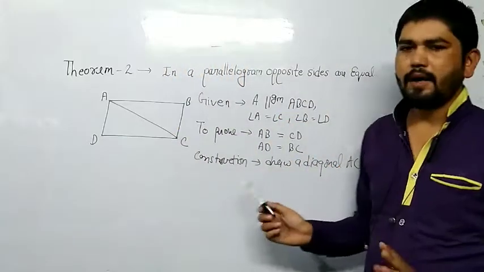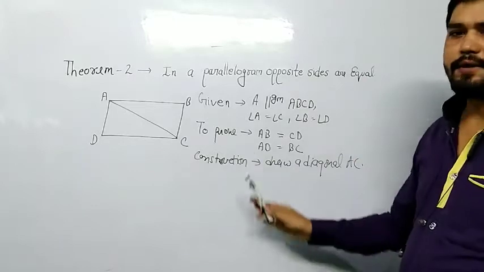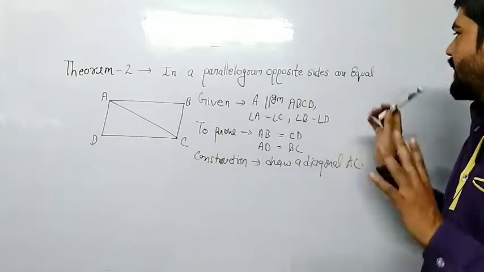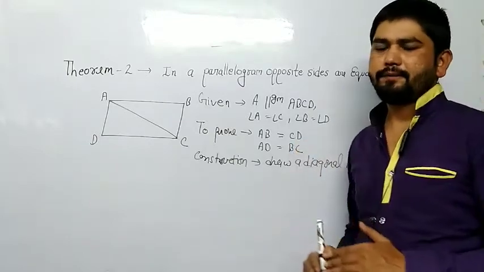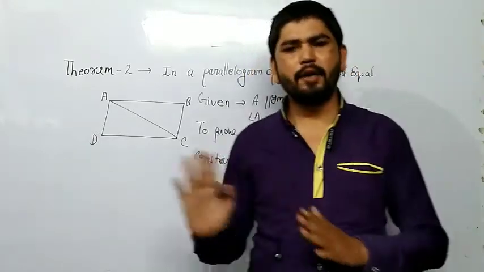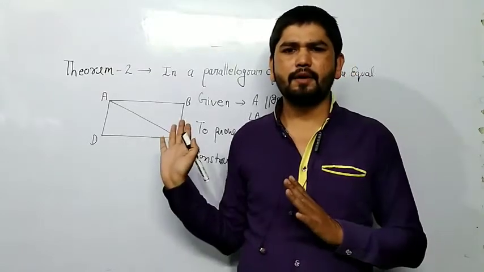Okay students, I have done here 3 steps. First it was given: our theorem is saying that in a parallelogram, opposite sides are equal. So this thing we need to prove here. To prove this, we need to draw first a parallelogram, so we have drawn.